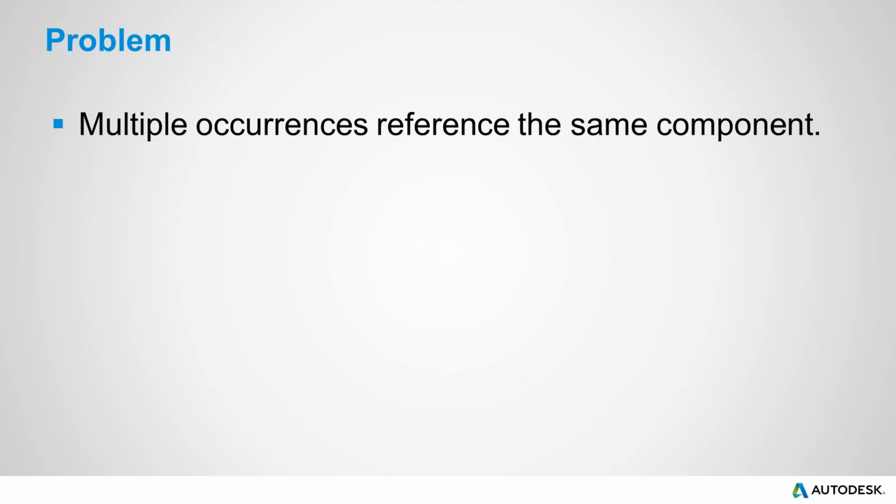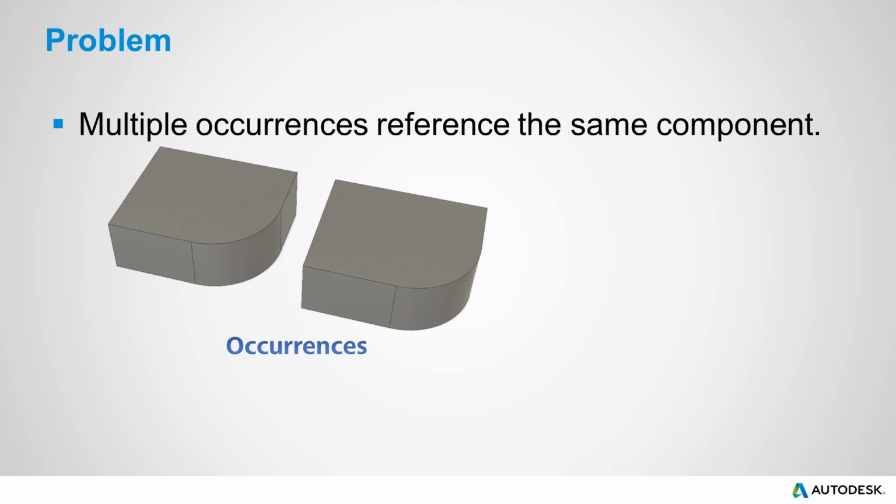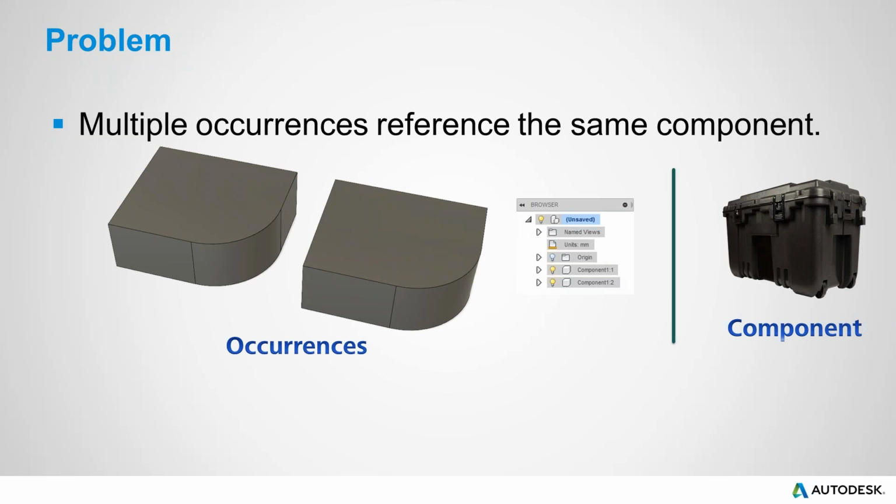All right, so here's a problem. We've said that multiple occurrences can reference the same component, just like what we saw a minute ago in that little assembly that we built. So we had two occurrences that reference that little block with a fillet on it, like this. So we've got two occurrences, right? And they're both referencing component one, which is in this opaque thing.